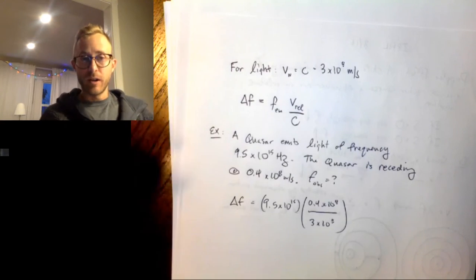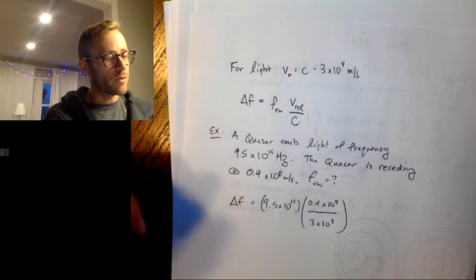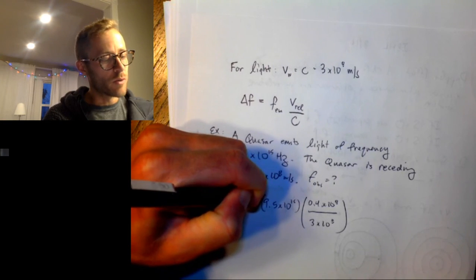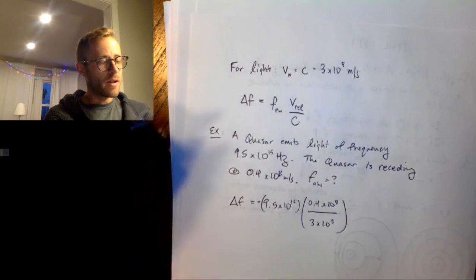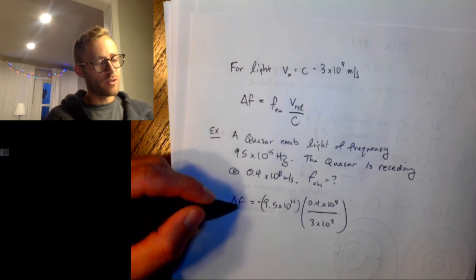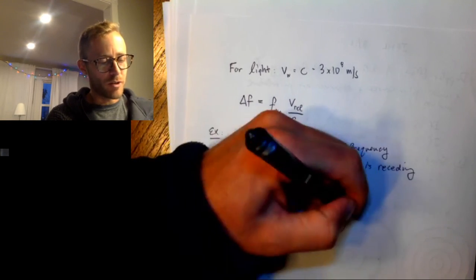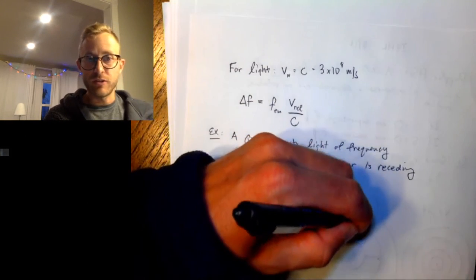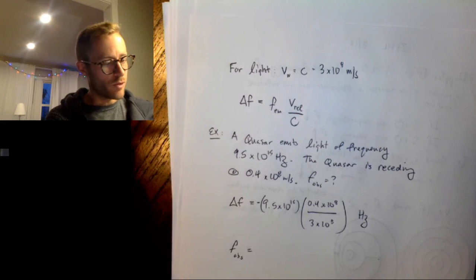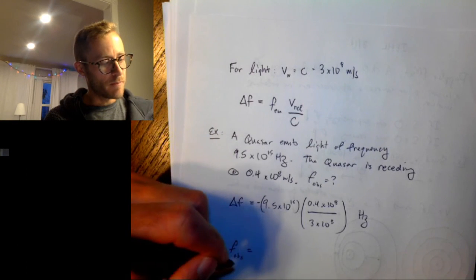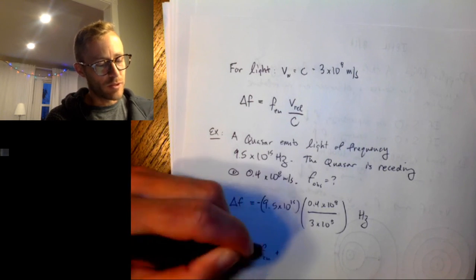Now, because the quasar is receding, the change in frequency is going to be towards lower frequencies. So I'll put a minus sign in there. And basically that many hertz is the shift in frequency. The observed frequency would just be the emitted frequency plus delta f.